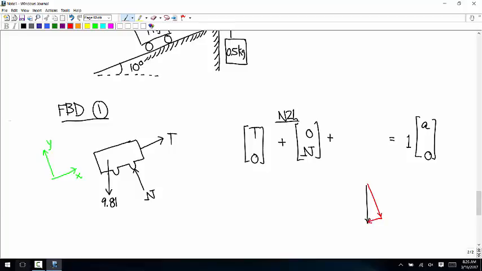Those two red vectors add up to be the black vector of 9.81. And this angle here is the same angle as the incline. So this is 10 degrees. So that means that this vector has a magnitude of 9.81 times the sine of 10.